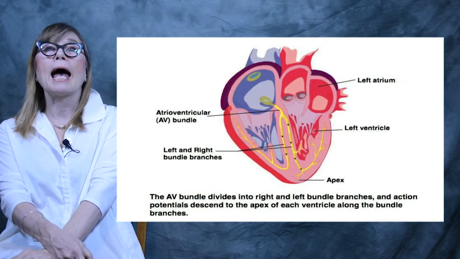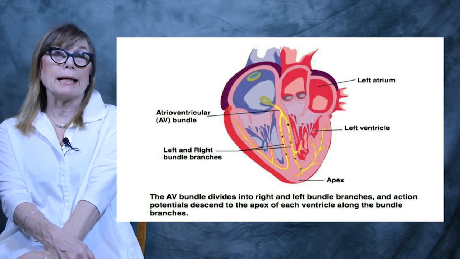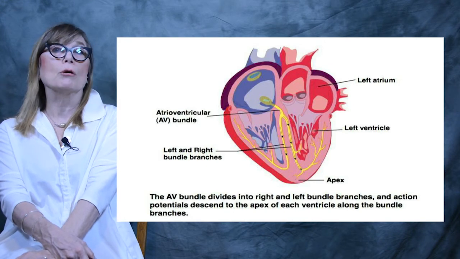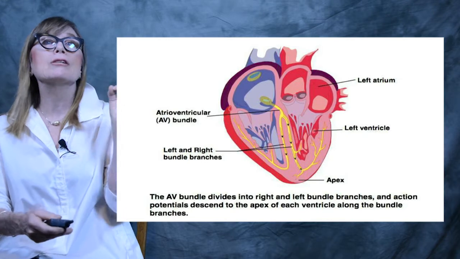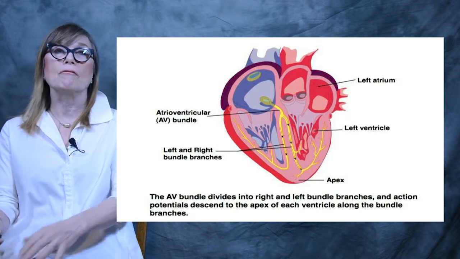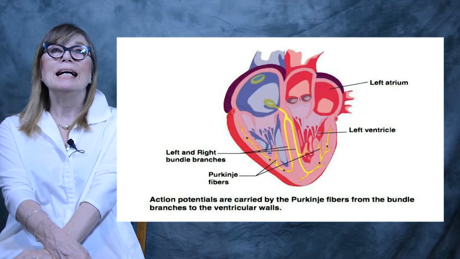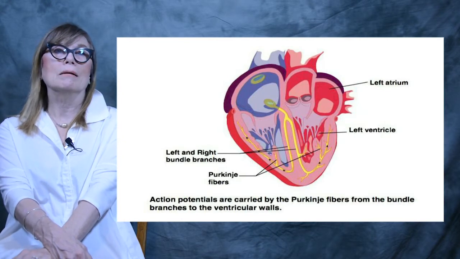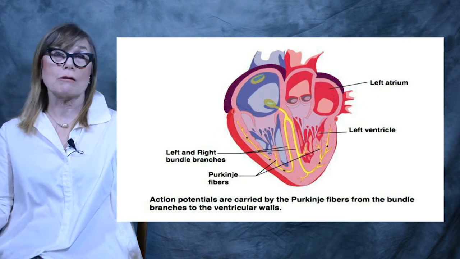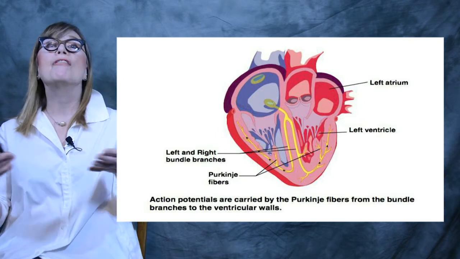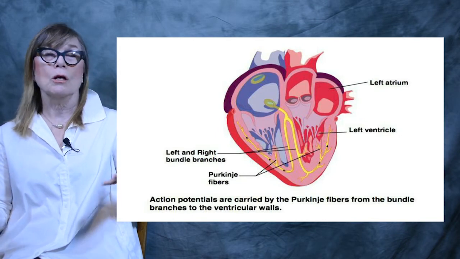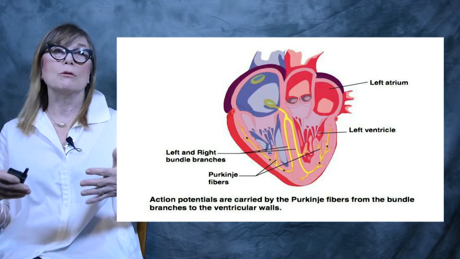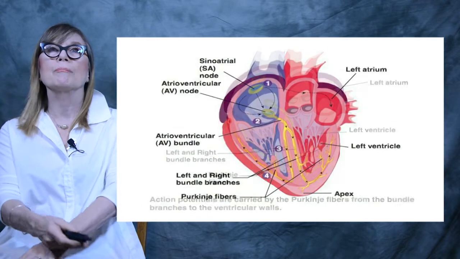That impulse is now spread rapidly into the right and left bundle branches, into the large muscle mass of the left ventricle, and into the small muscle mass of the right ventricle. That is a very high level of rapid delivery of electrical stimulation, which gives us the visual of the QRS, or the waveforms associated with ventricular depolarization.